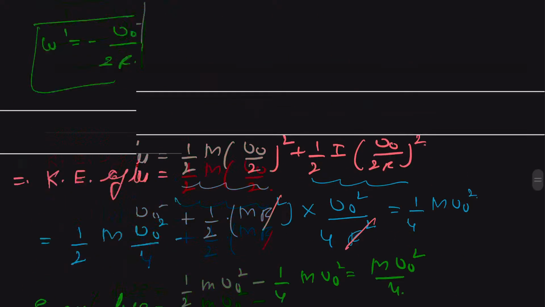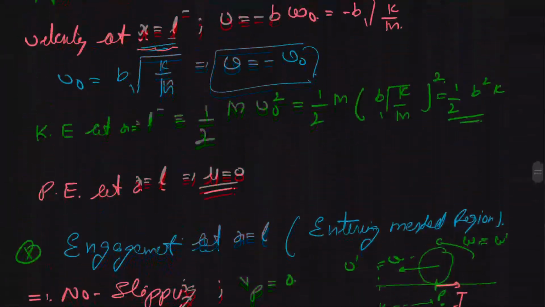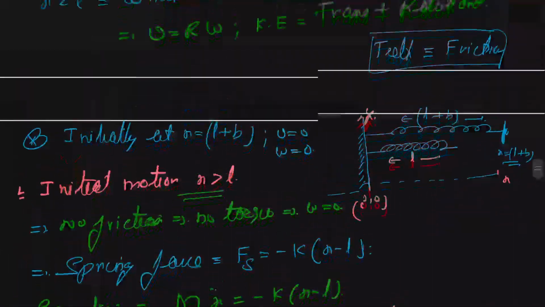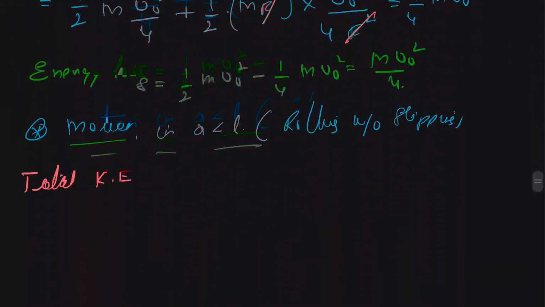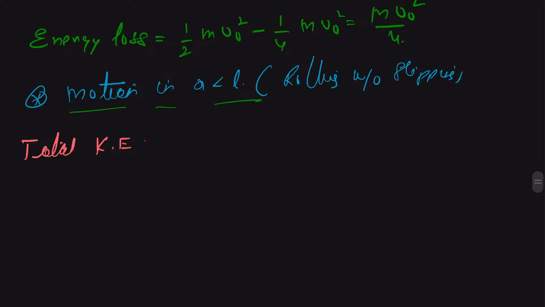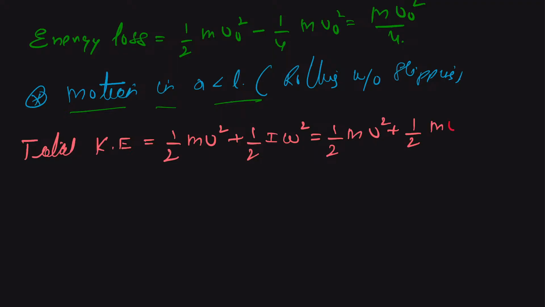So total kinetic energy is equal to half m v square plus half I omega square, and this is equal to half m v square plus, and this will also be coming as half m v square.